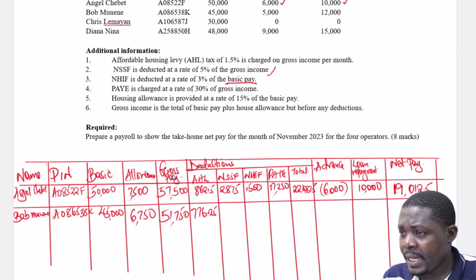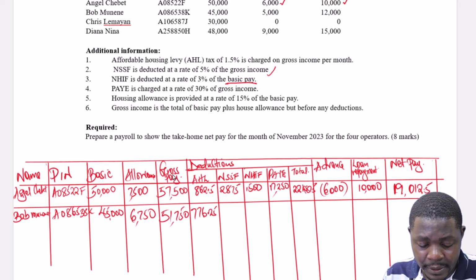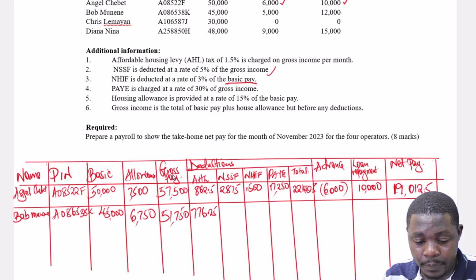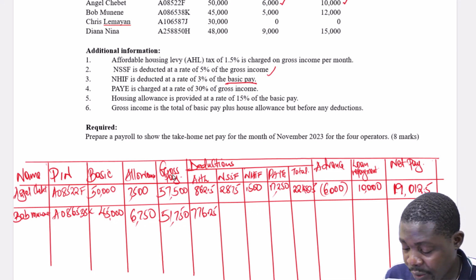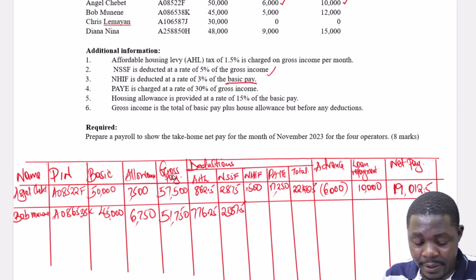Then NSSF is 5%. He is paying NSSF at 2,587.5. Then NHIF is 3%.